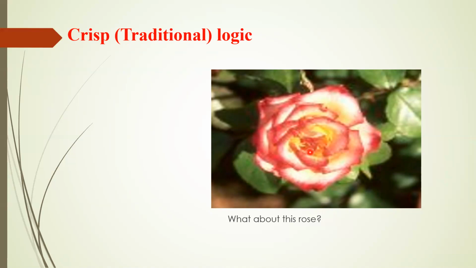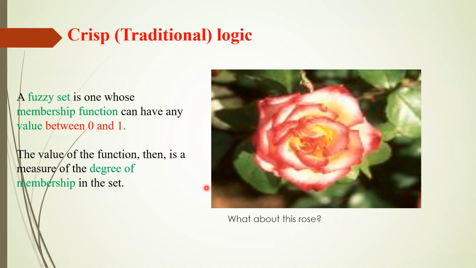We cannot clearly distinguish this rose, and therefore cannot put this in the category of red roses. A fuzzy set is one whose membership function can have any value between 0 and 1. The value of the function then is a measure of the degree of membership in the set.